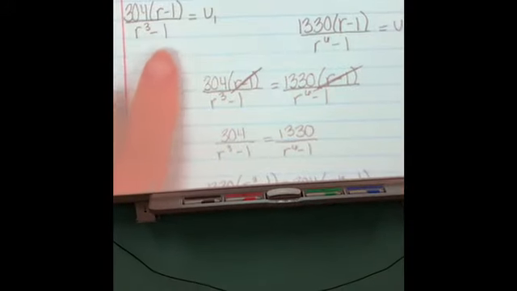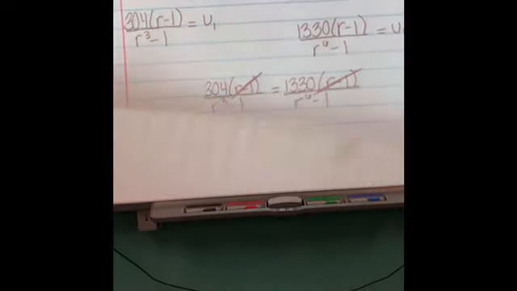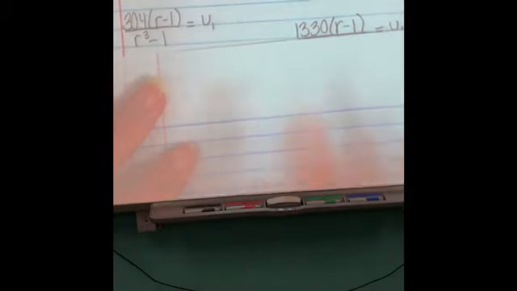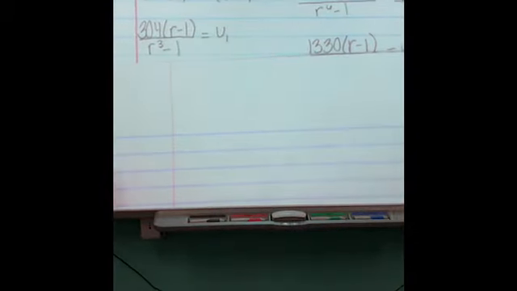So we go way back to where we got u sub 1 by itself right here. And we're going to plug our r value in there.